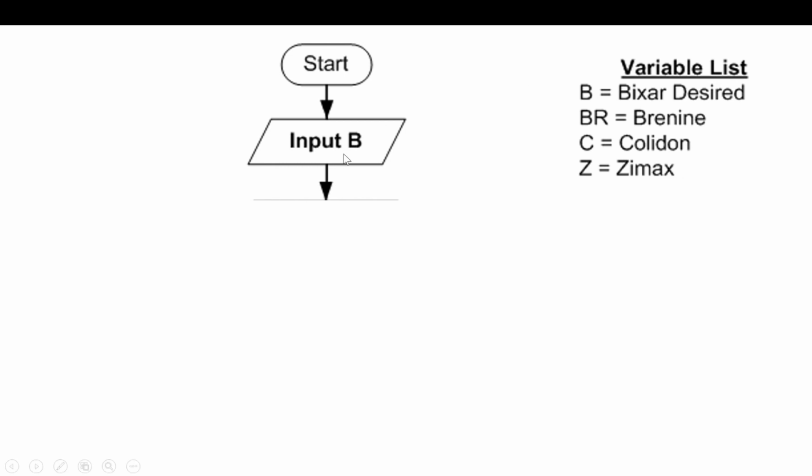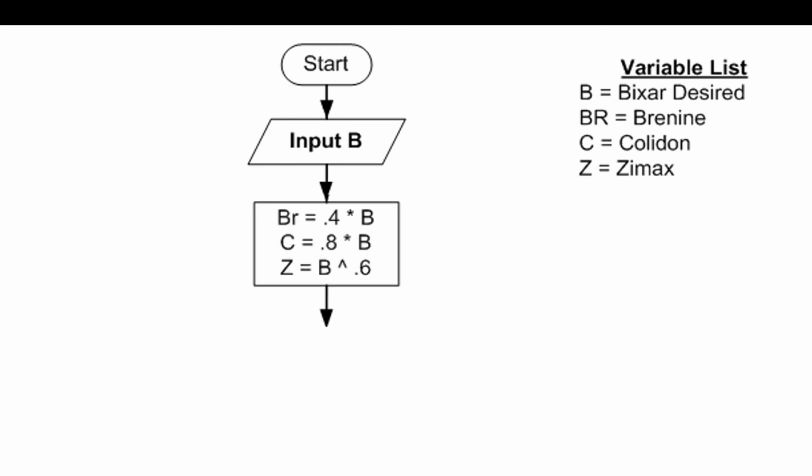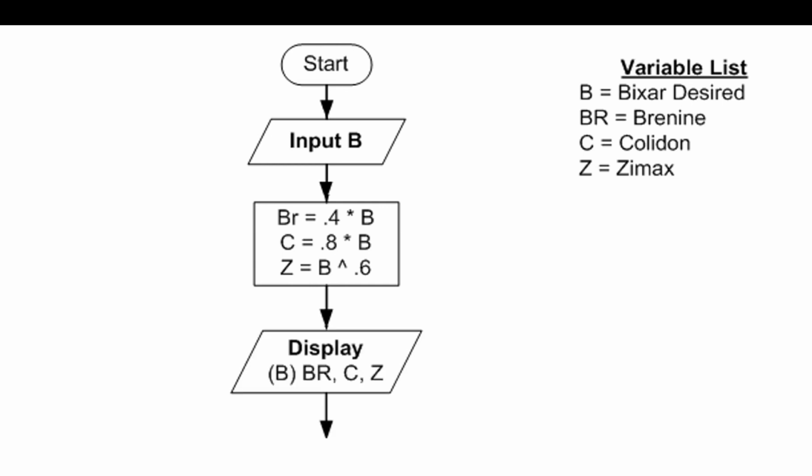And then the next step should be my process. So my process here for Brennan equals, for example, 0.4 of pixar. So you got the idea here. And then after you do the process, now we need to show the output.